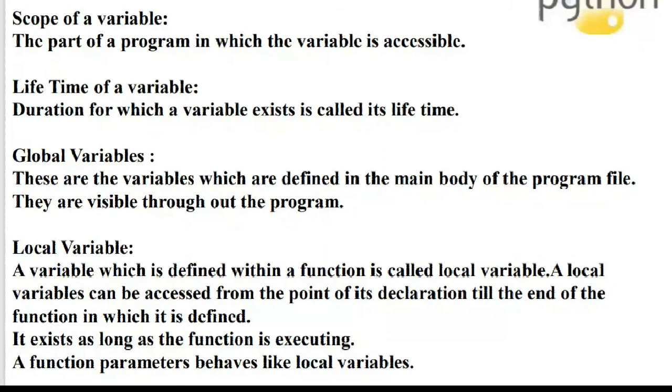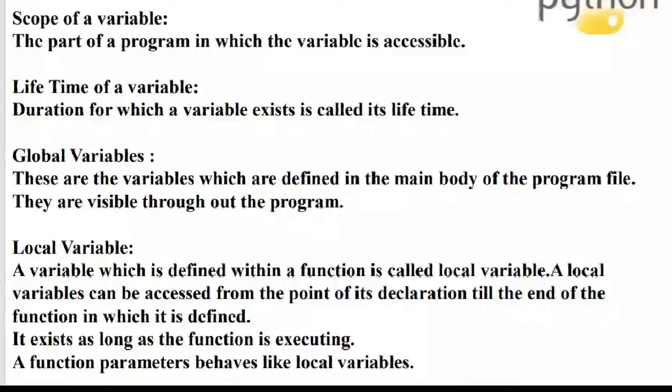Outside the function, the variable will be unknown. That is what is called the scope of a variable. If you make it a local variable, it is available only within the block. If you make it a global variable, it is available throughout the program. That is the difference between local and global variables.